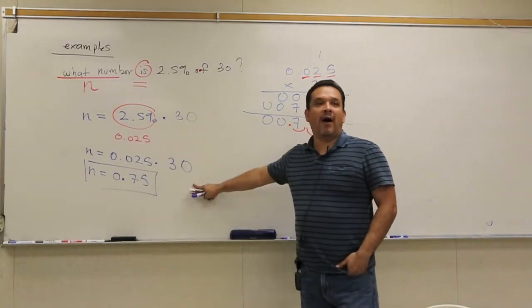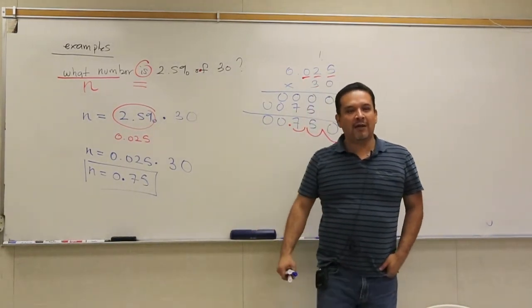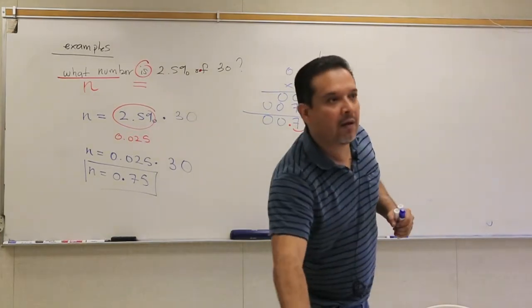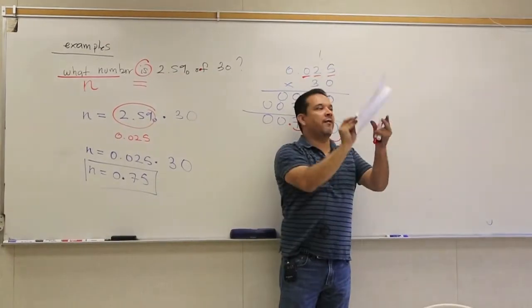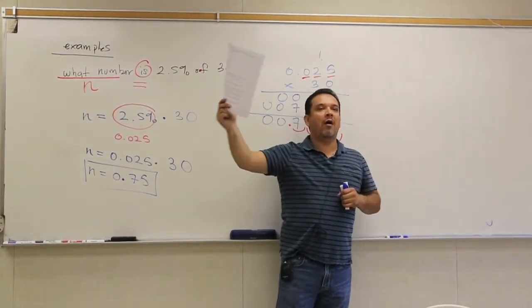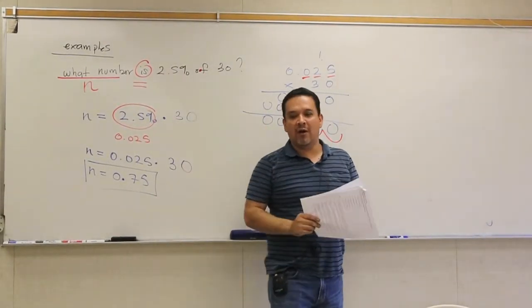N is 0.75. So if I were you, I'd get started on what worksheet? The application of percent worksheet. The first 8 are of these three types. Work on those.